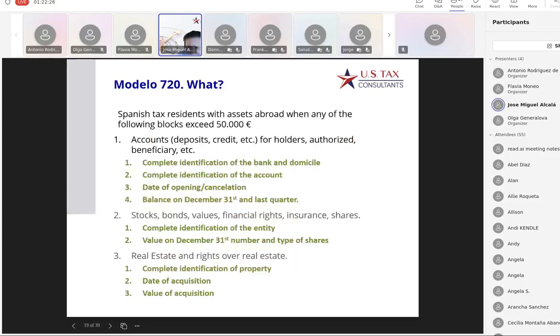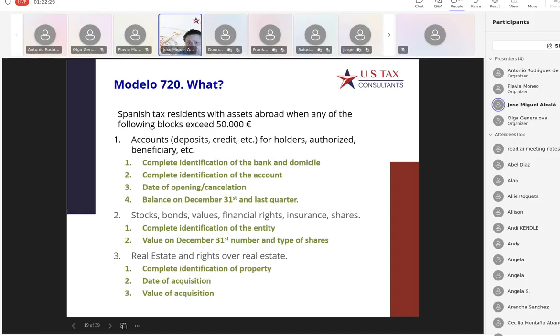All right. The Modelo 720 has 3 blocks. And these blocks are independent from each other, all right? The first block has to do with any kind of bank accounts we have abroad. Checking bank accounts, savings, CDs.